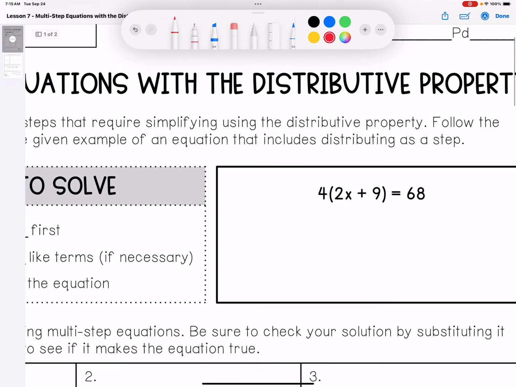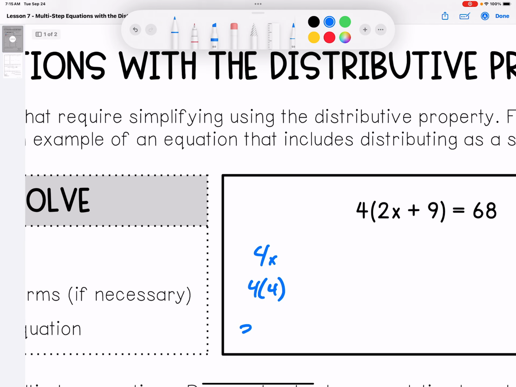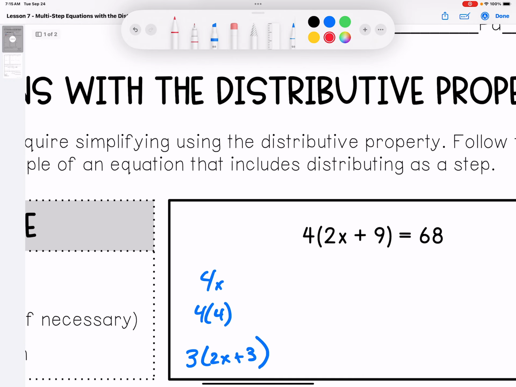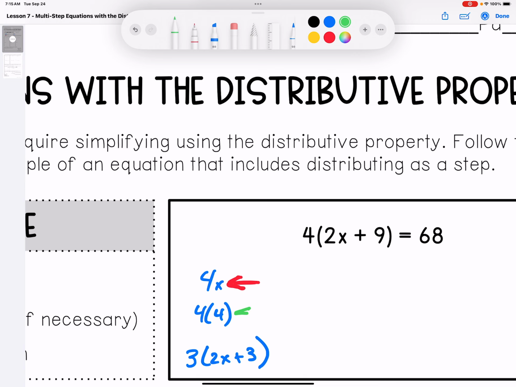Here we go. Now, before we start, I want to clear up something. This, you do not have to write this, by the way, is just a way to write multiplication. That's all it is. It's the same thing as that in green.